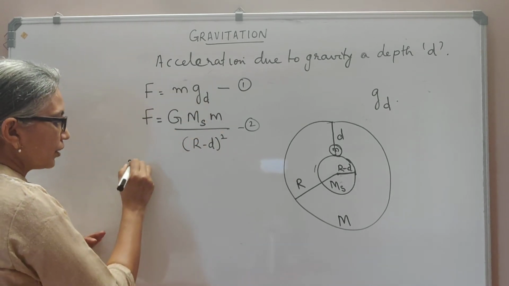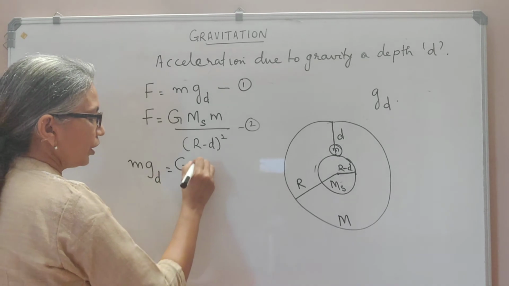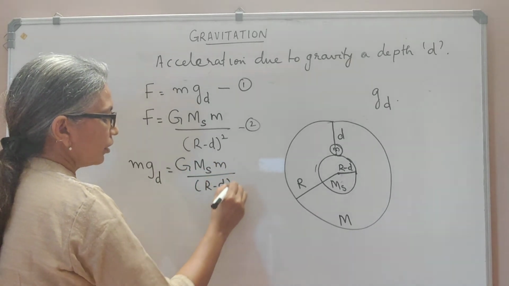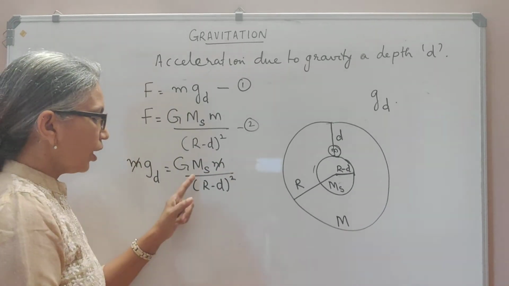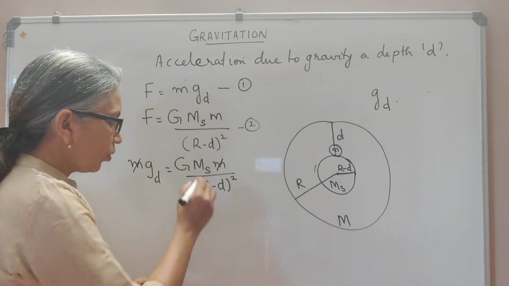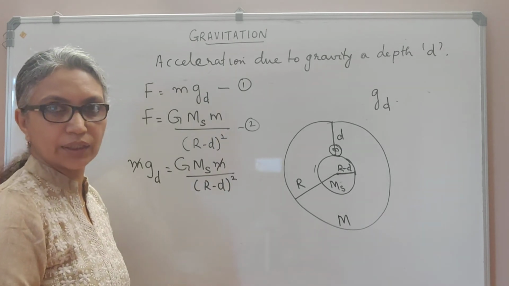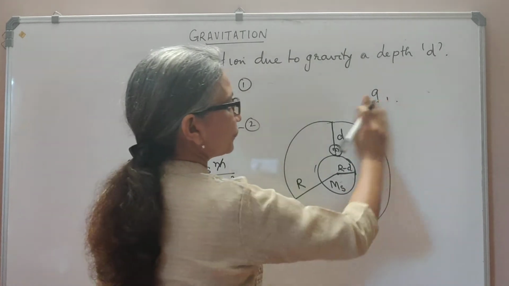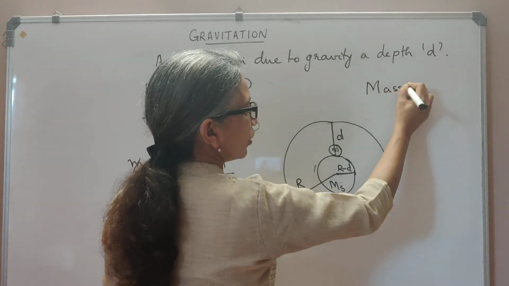Now I may equate the right hand side and write m g at d equal to G ms m by R minus d the whole square, where I cancel this m and this m. Now I want to put this in terms of small g so that I can compare. So I want to change this ms into terms of the mass of the earth, M. What is mass equal to?